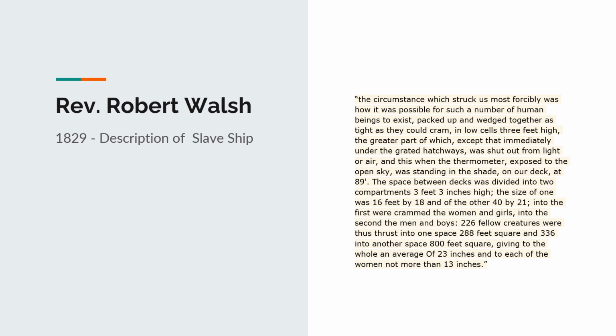The circumstance which struck us most forcibly was how it was possible for such a number of human beings to exist, packed up and wedged together as tight as they could cram, in low cells 3 feet high, the greater part of which, except that immediately under the grated hatchways, was shut out from light or air. And this was when the thermometer, exposed to the open sky, was standing in the shade on our deck at 89 degrees. The space between decks was divided into 2 compartments, 3 feet 3 inches high.